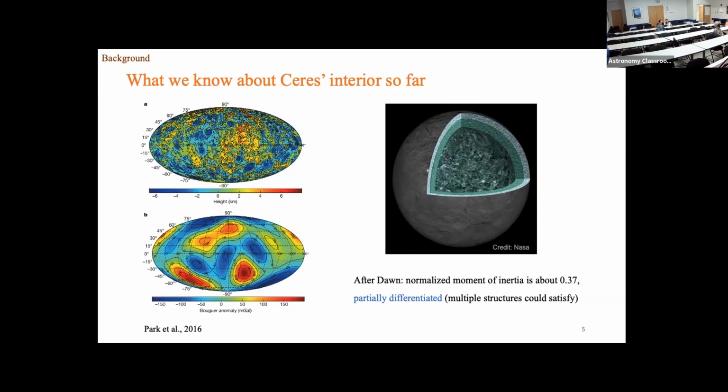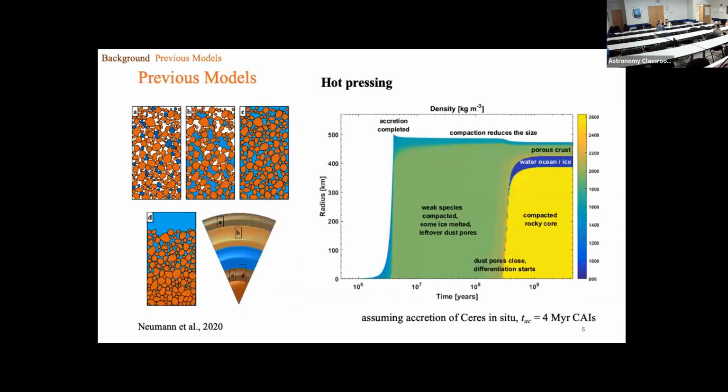But we know that Ceres is at least partially differentiated. And from another set of approaches, there were many thermal and dynamic models of Ceres. In this model developed by Neumann et al., the rock phase, ice, liquid water, and also void space are all considered.